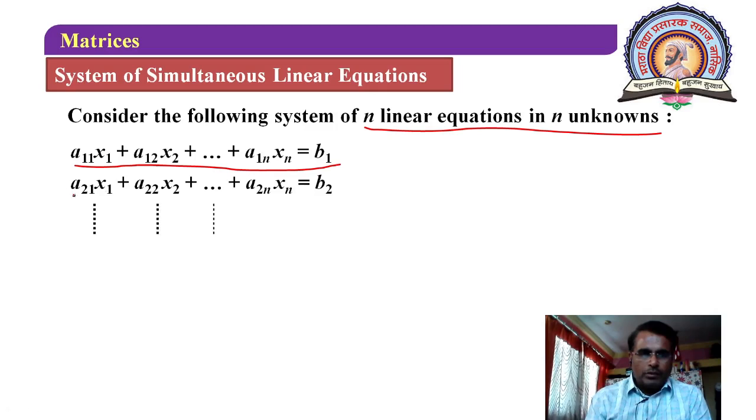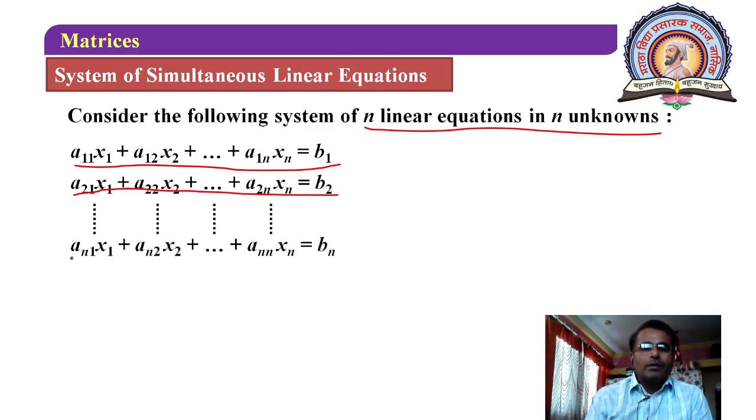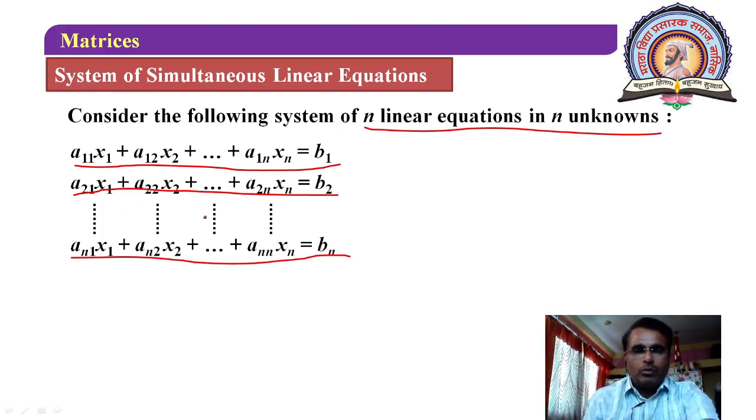Then the second equation is a21 x1 plus a22 x2 up to a2n xn is equal to b2. Continuing in this way, the nth equation is an1 x1 plus an2 x2 up to ann xn is equal to bn. This is the general system of n equations in n unknowns.